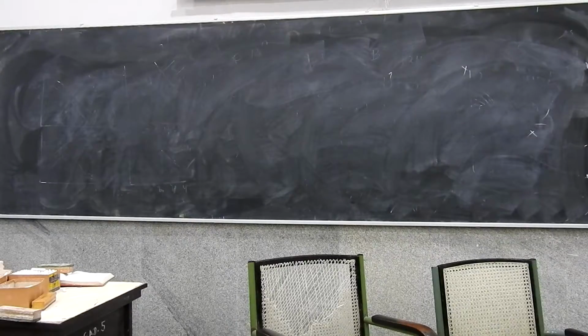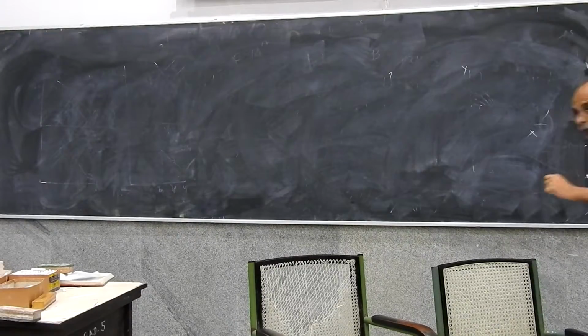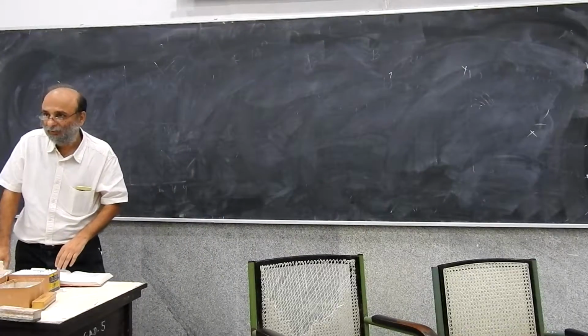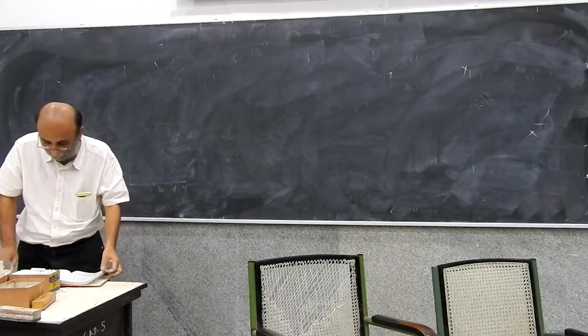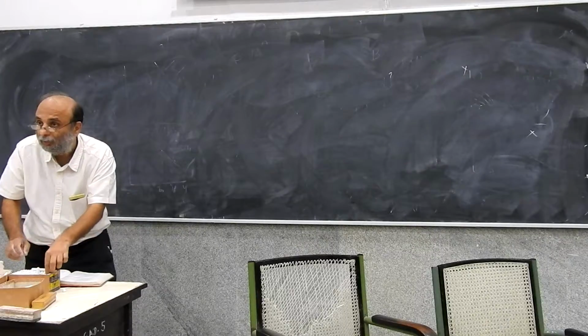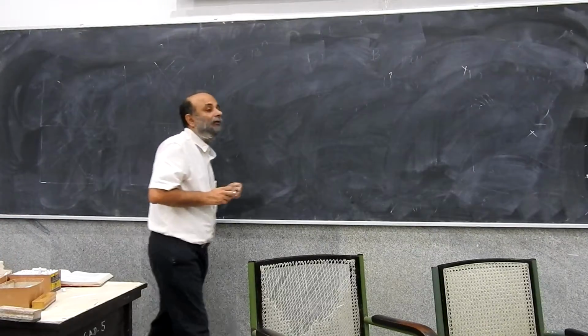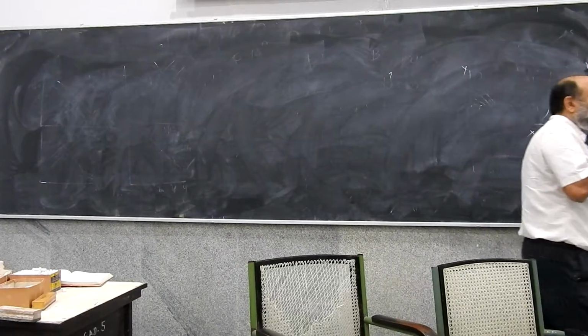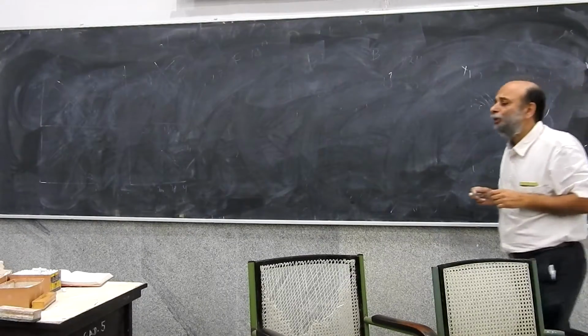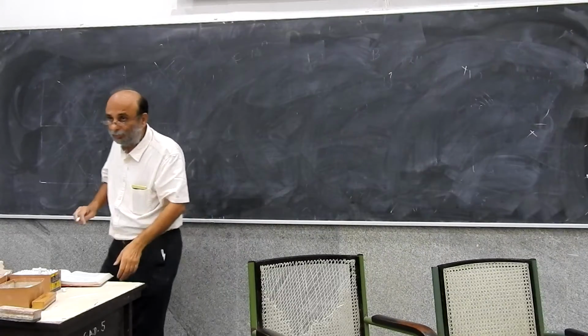Now I'm going to talk to you about matrices. Right? What's a matrix? Collection of elements in rows and columns. Okay. Any other idea of a matrix? Combinations of rows and columns. Anything else?